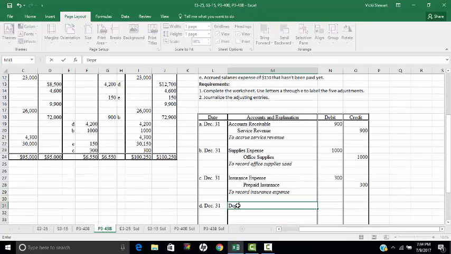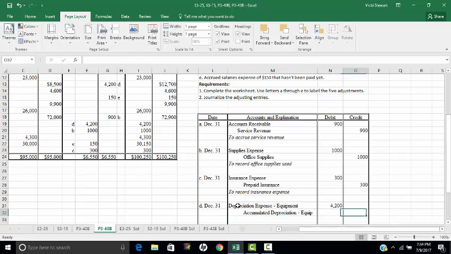So we had debited depreciation expense, and that was for equipment, and that was $4,200, and then we credited accumulated depreciation equipment for $4,200. And our explanation for that would just be to record depreciation expense.